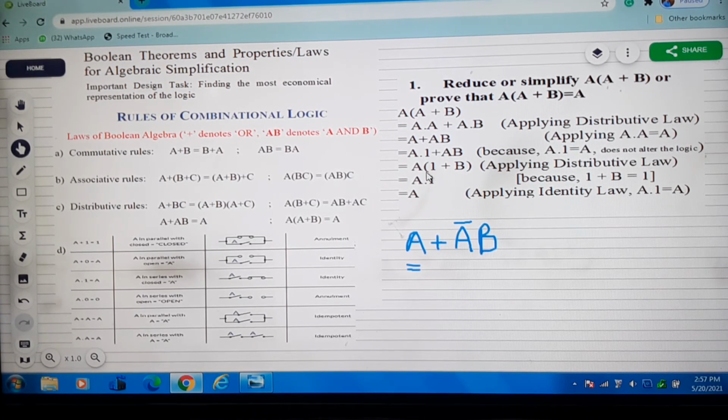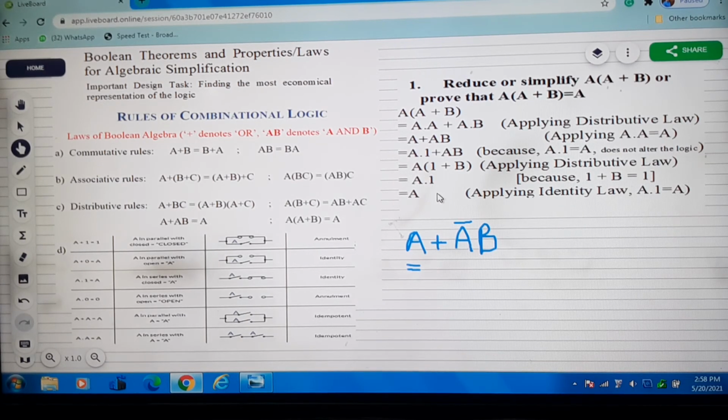We can write this expression as A dot 1, or we can write it as A because A dot 1 is always equal to A. So, we can say that A dot A plus B can be simplified or it is equal to A. Here we can see that in this original expression we were having two terms, but in this reduced expression we are left with only one term.